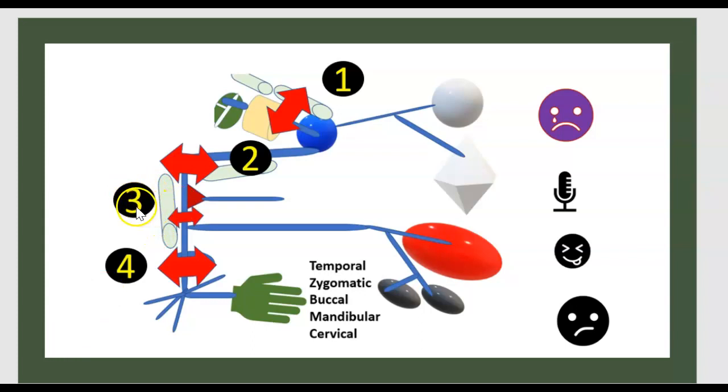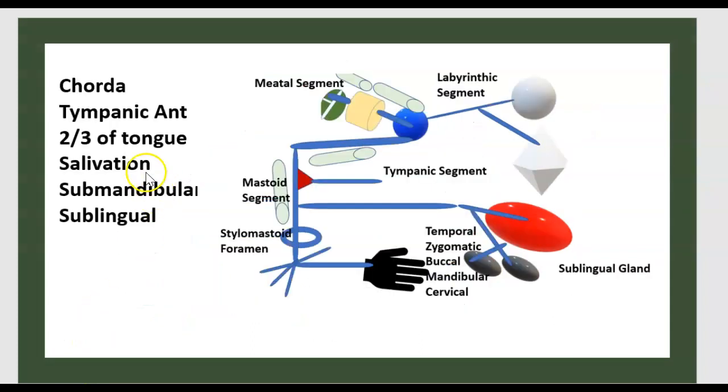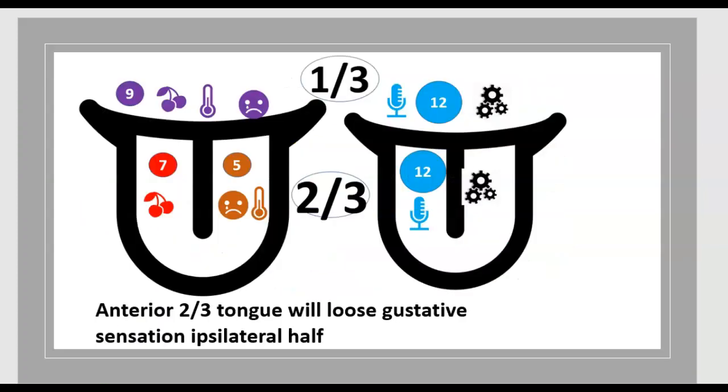The third lesion is before the chorda tympani. The chorda tympani carries the anterior 2/3 of the tongue and salivation, because of the submandibular and sublingual glands. The anterior 2/3 of the tongue will lose gustatory sensation on the ipsilateral half.